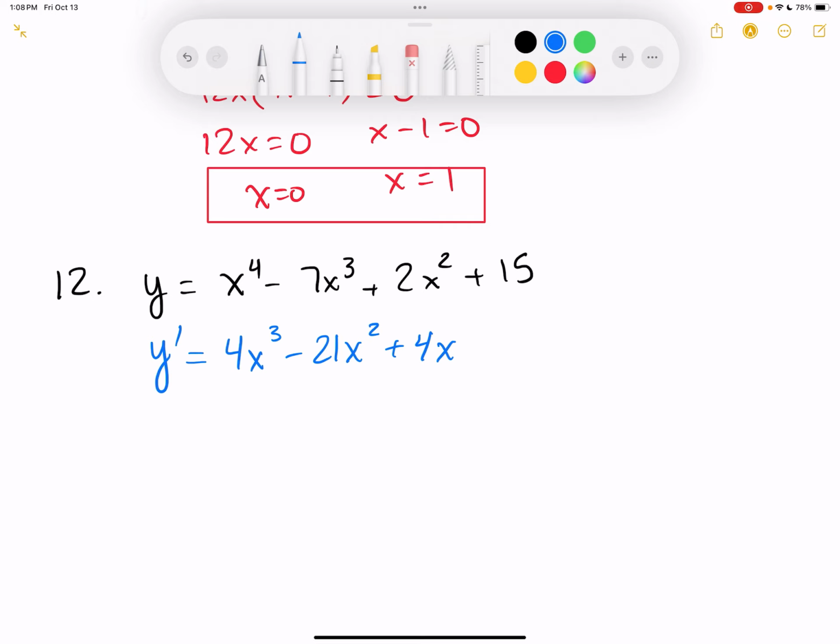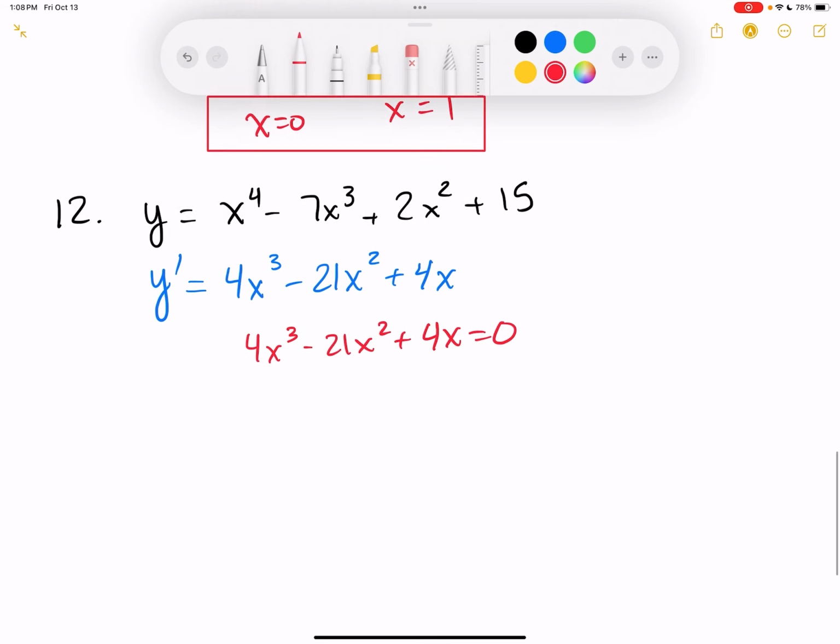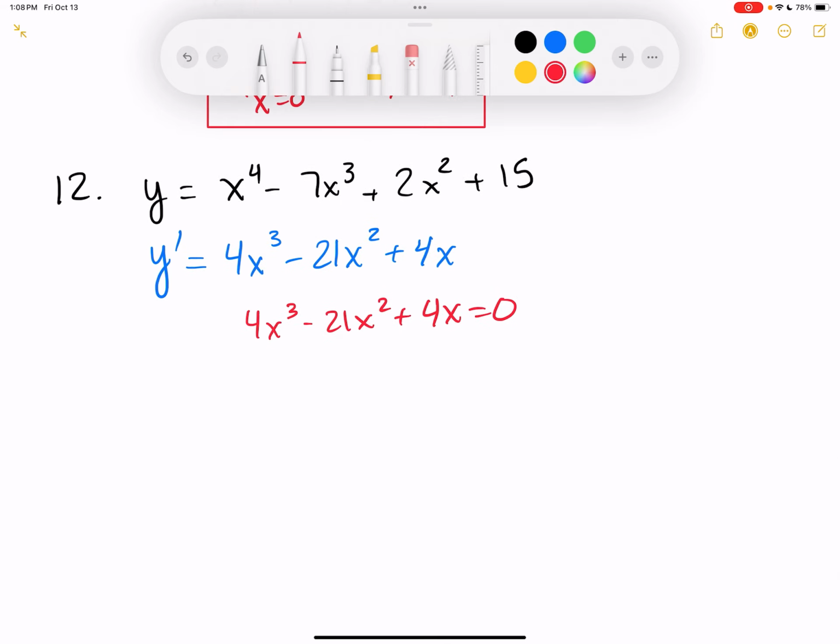Set it equal to 0. Let's take an x out. I'm left with 4x squared minus 21x plus 4.